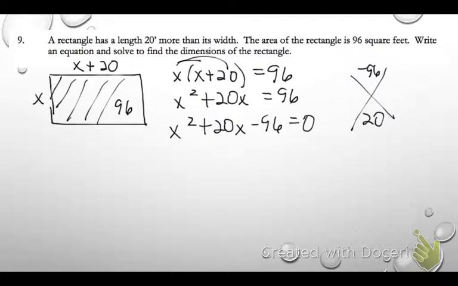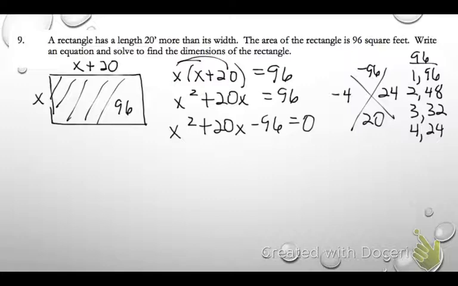So thinking of factors of 96, we have 1 and 96, that won't combine to give us 20, 2 and 48, that won't combine to give us 20, 3 and 32, 4 and 24. So if we make the 4 negative, then those will multiply and add together to what we want.